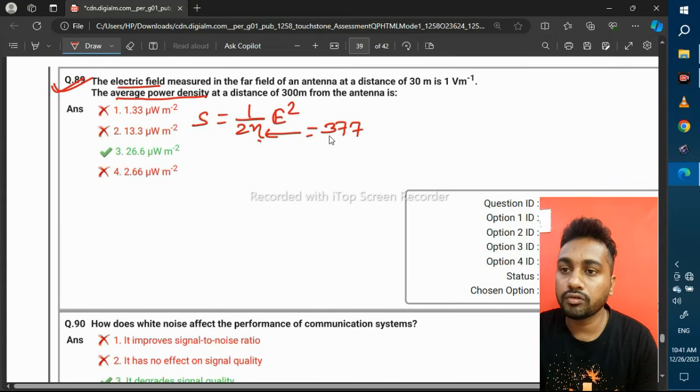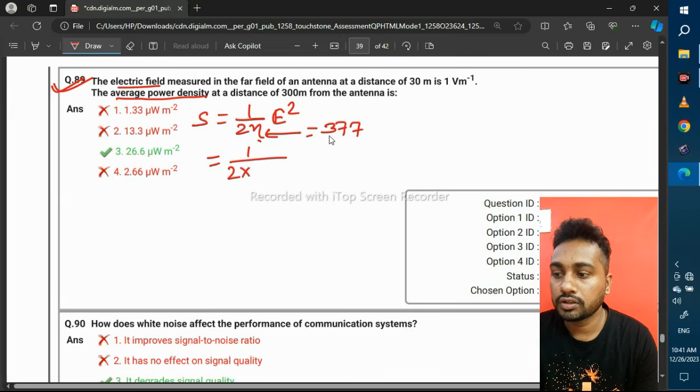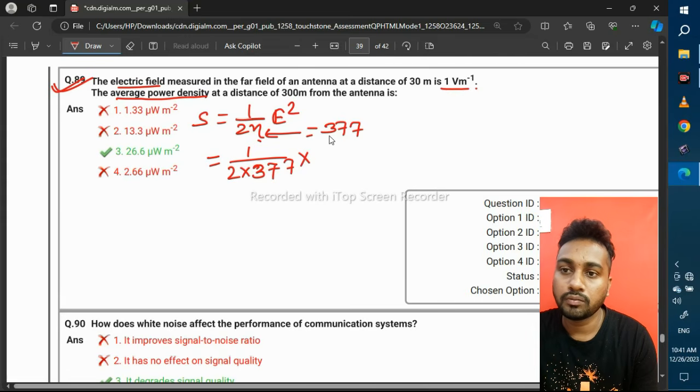So if you calculate this, 1 divided by 2 into 377 into E square. E is how much? Electric field, how much is it given? It is 1 volt per meter, whole square.